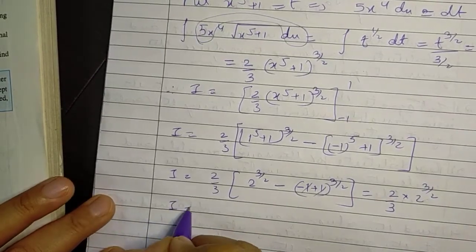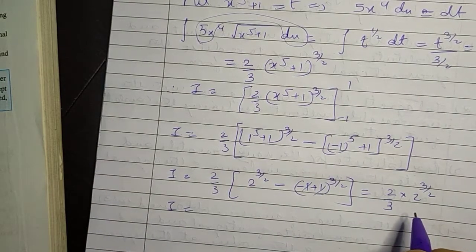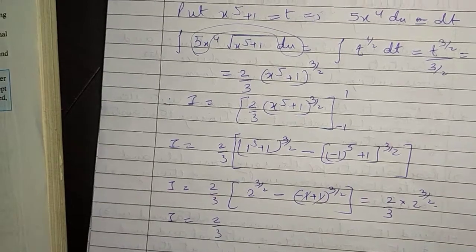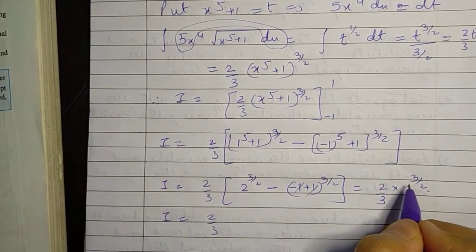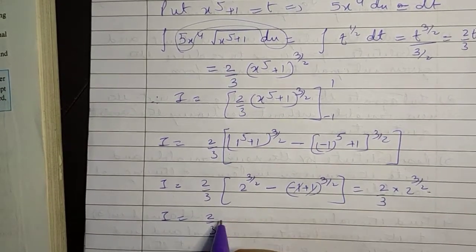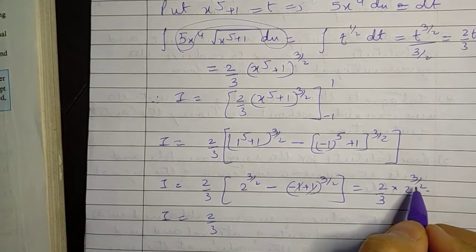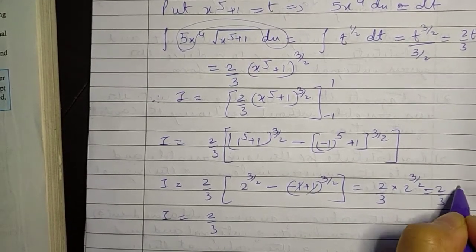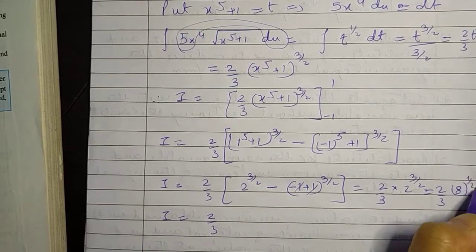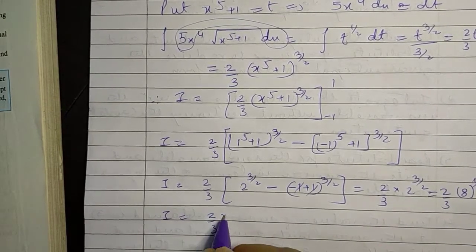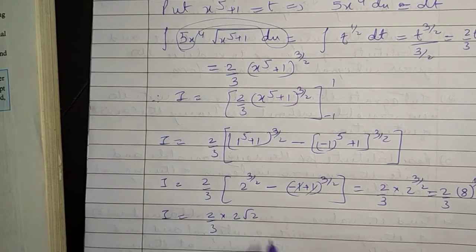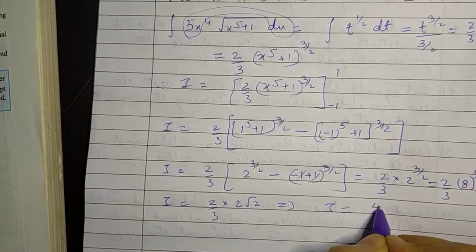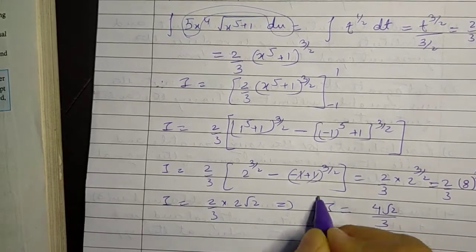If you want, you can also write it as 2 upon 3, and 2 raised to power 3 by 2 is 8 square root, that is 2 by 3 square root of 8, which is 2 root 2, and ultimately you get this is equal to 4 root 2 by 3.